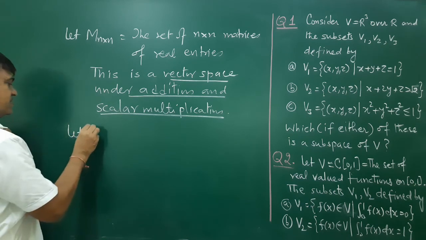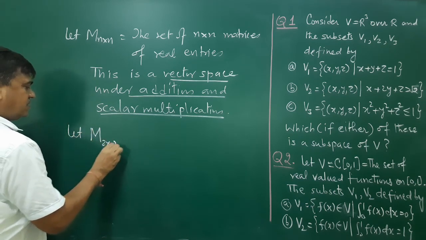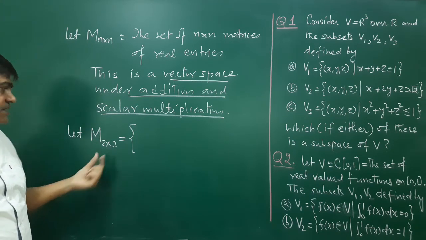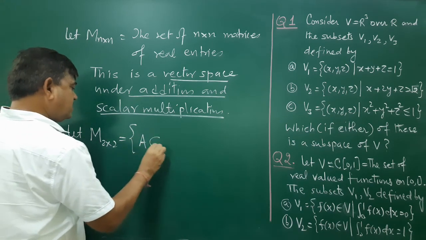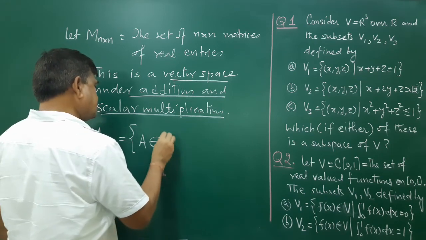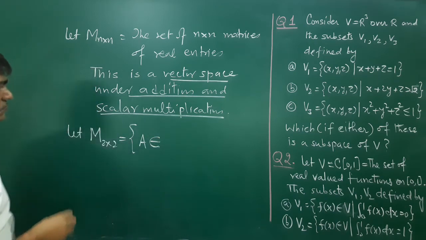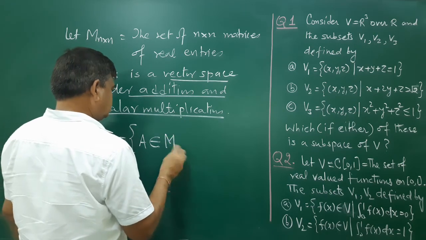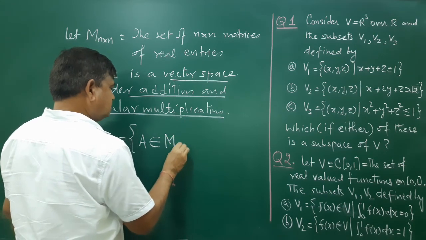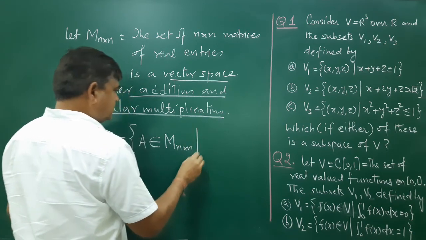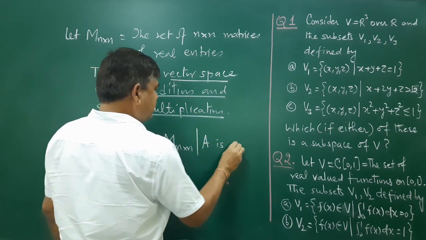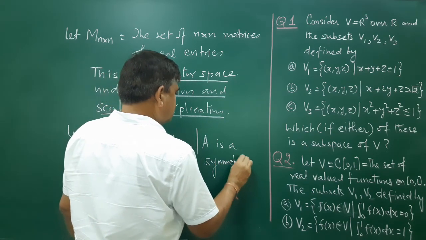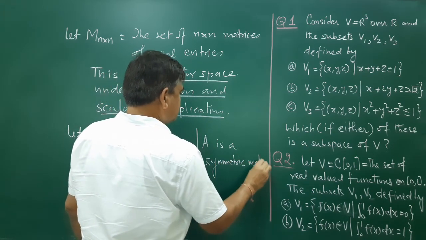Let M be the set of 2 by 2 matrices A belonging to this set such that A is a symmetric matrix.